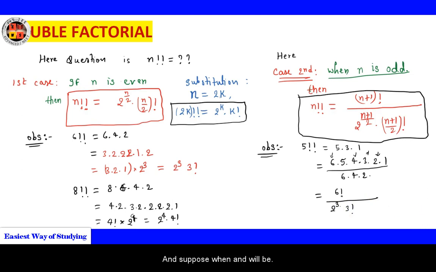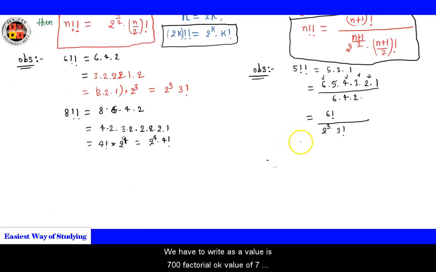And suppose n is equal to 7. The value of 7 double factorial will be 7 into 5 into 3 into 1.